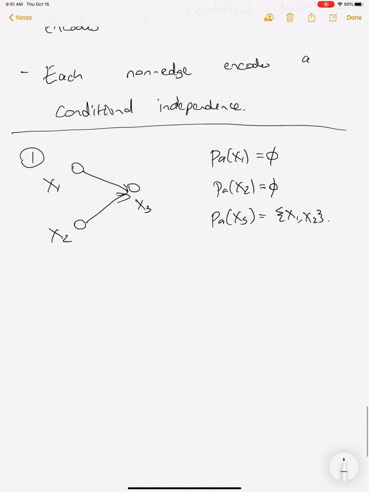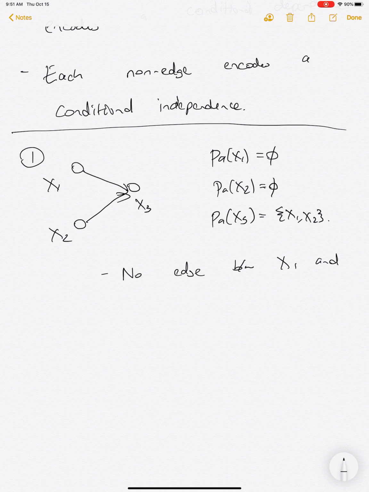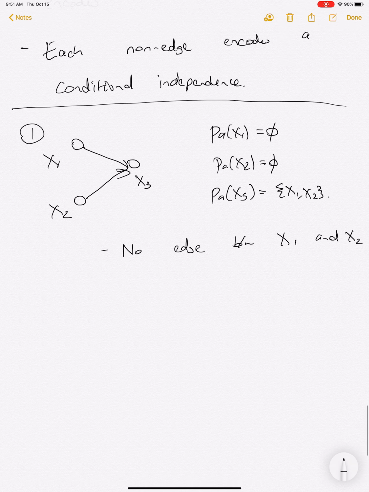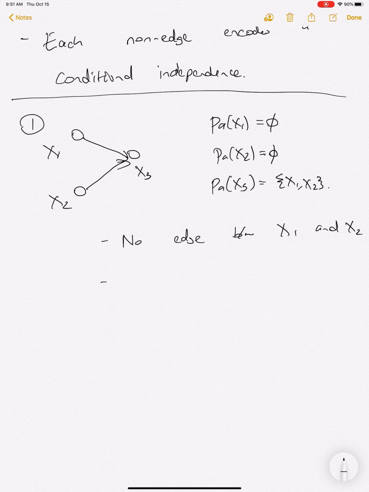And so we have that there's no edge between x1 and x2, and the other two have edges, x1, x3, and x2, x3.